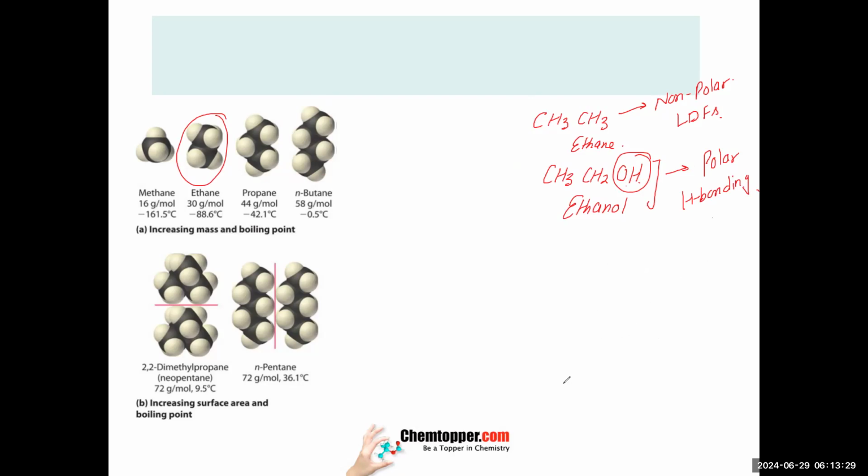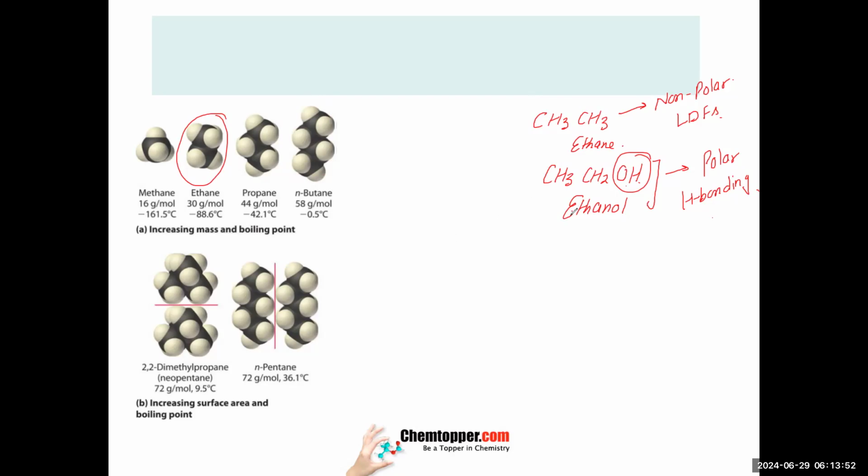It is polar. Then answer. Because first you have to compare the stronger one. In small molecules, we compare stronger IMF first. Their IMFs are not same, so I'm not going to compare their LDFs. I'll say ethanol has hydrogen bonding and dipole-dipole attraction, which are stronger than LDF.